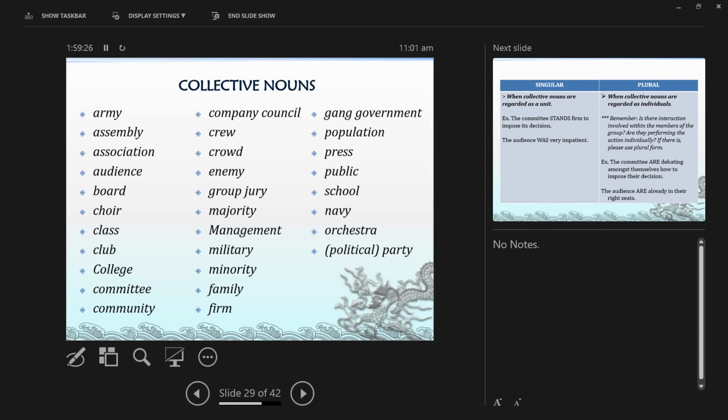The word committee, as you can see there, it's used as a singular noun because it's a collective noun. And the verb used is is, meaning singular form. Okay? The high school reunion committee is preparing a lot of fun and recreational activities for the grand reunion.